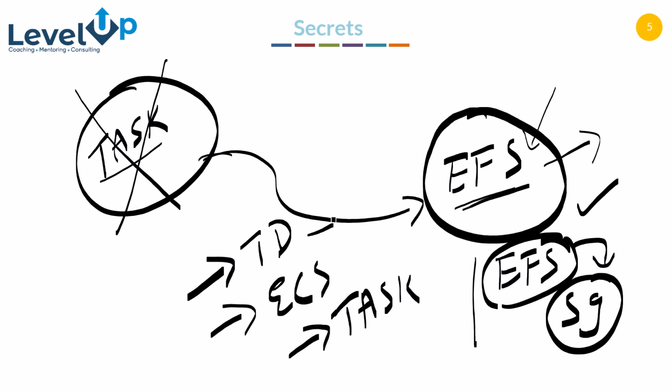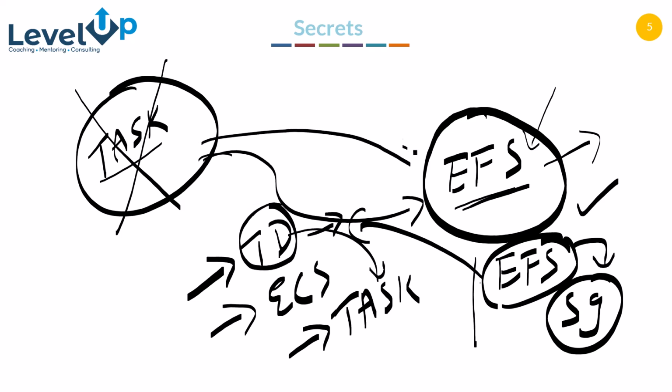Then in the task definition, we need to add this EFS ID. That is how, whenever we create a task from this task definition, the task will have access to the EFS. These are the multiple steps we need to perform when giving additional storage to a task with the help of EFS. Let me flip to my AWS console to implement this.